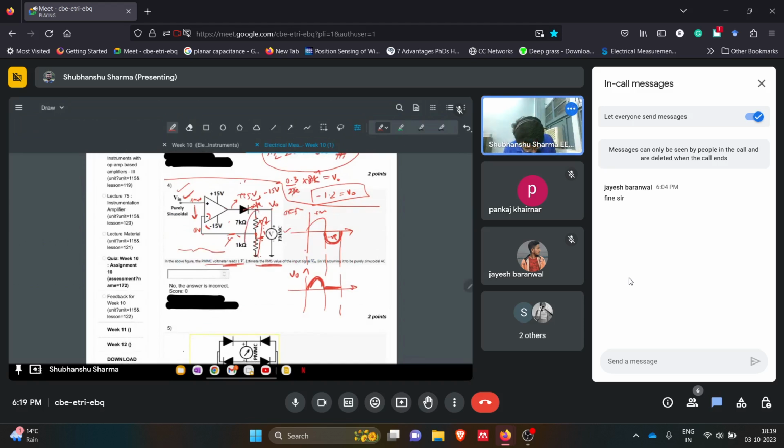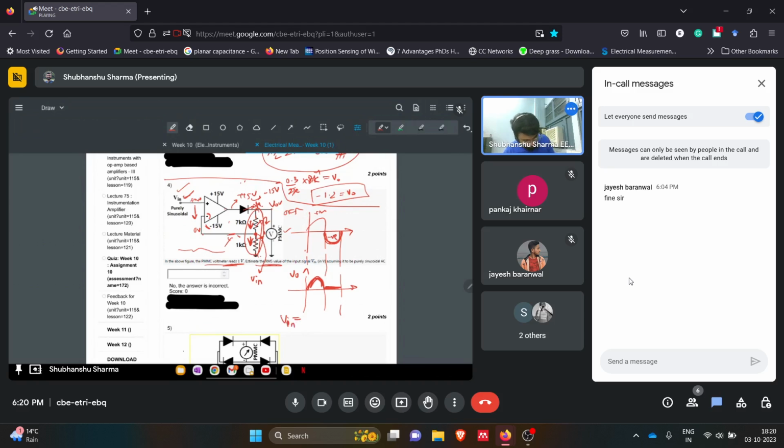So we need this voltage. This is V naught, the PMMC voltage. Now again consider, there was some current flowing, and that current will be the same in both branches, in this resistor and in this resistor. We need this voltage V in. So what will be V in?